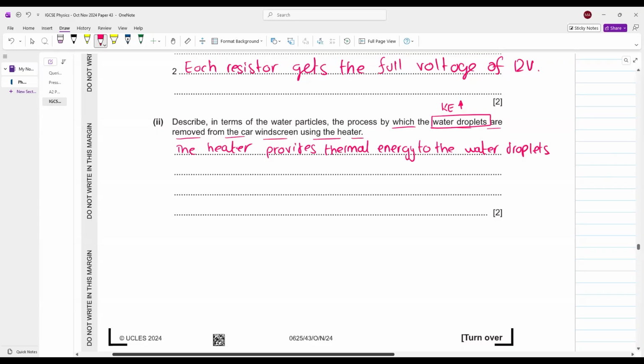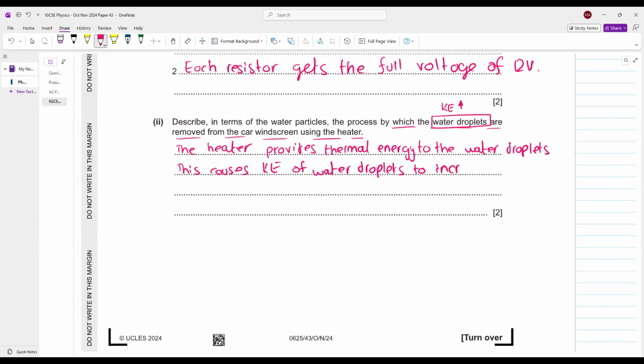This causes the kinetic energy of the water droplets to increase. What will you further say?